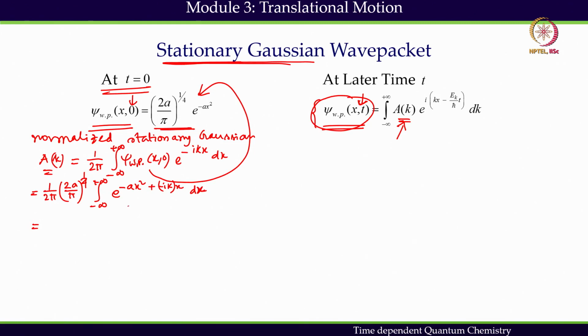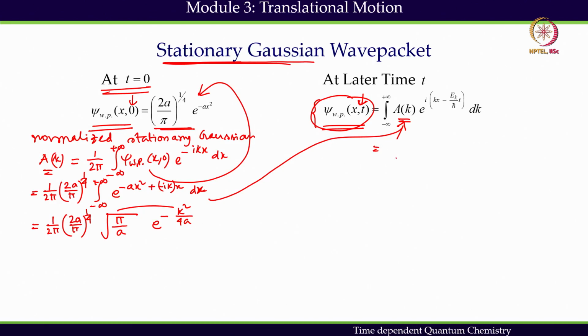Using it, I get 1 by 2 pi, 2a by pi to the power 1 by 4, and this integral gives pi by a e to the power minus k square by 4a. Our task is to plug that in here.